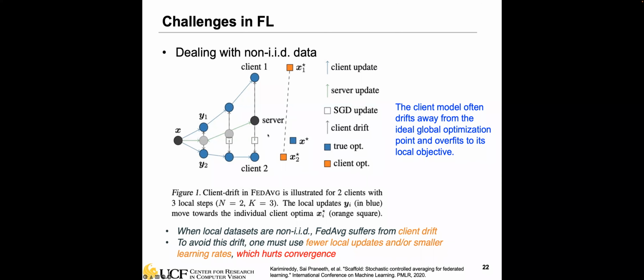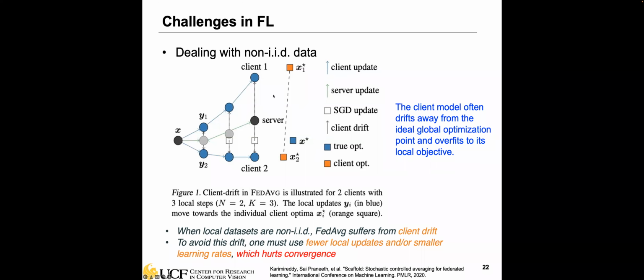And in terms of the server, or the true optima, if you consider centralized training, this is the true optima you want to achieve. But if you do this kind of aggregation, the server model actually converges here, so there is still a shift from the true optima. The reason is that each local client optimizes using its own local data, and because of this non-IID distribution, they diverge to different local optima on each client.